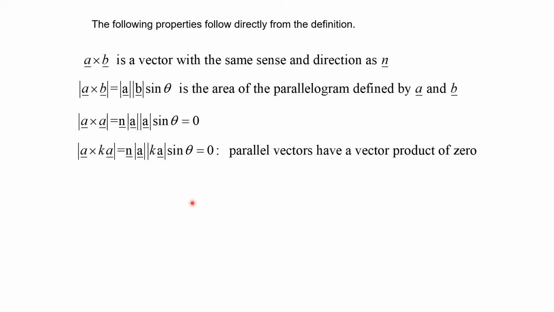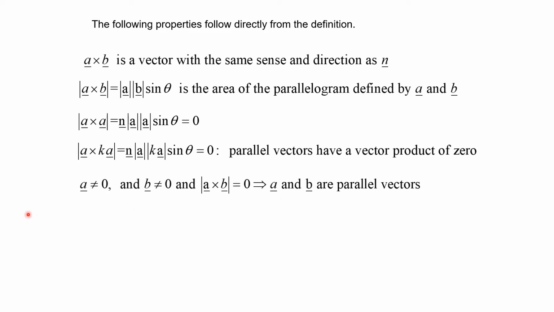And A cannot be 0, vector B also cannot be 0, and therefore if the cross product of A and B is 0, it proves that A and B are two parallel vectors. Sometimes you need to use this to prove whether two vectors are parallel by simply doing the cross product and finding the magnitude of it.